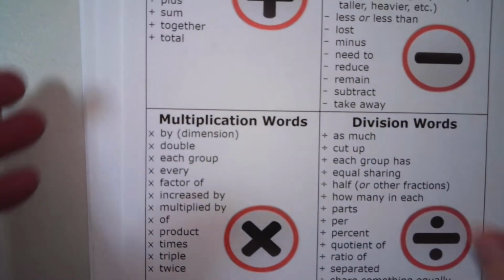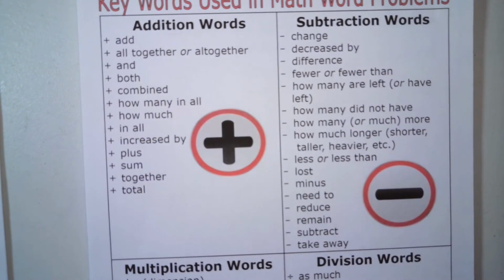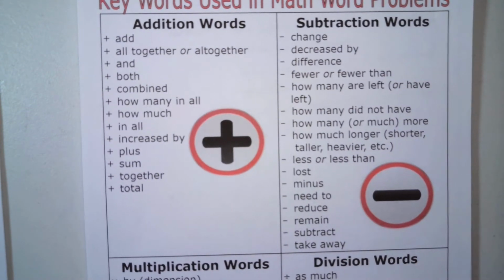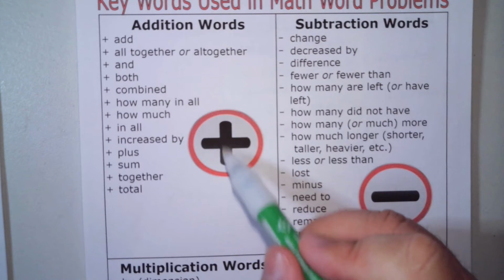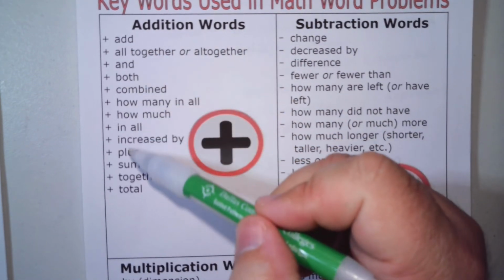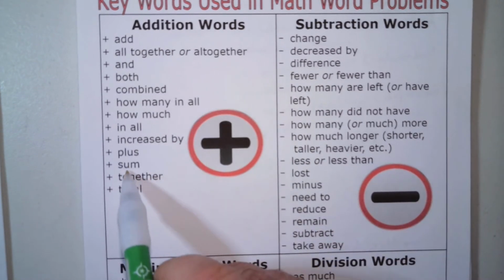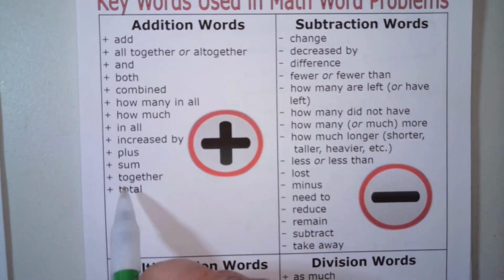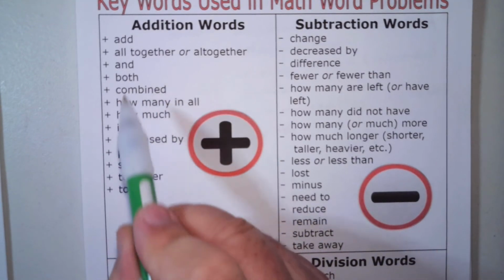Before we begin, we have to know what these words mean. Don't worry about it. I'll send you this chart also. This symbol here means there's a plus, the addition symbol. Whenever you see any of these words in a sentence: increase by, plus, the sum of, this together with that, 3 and 4 combined.